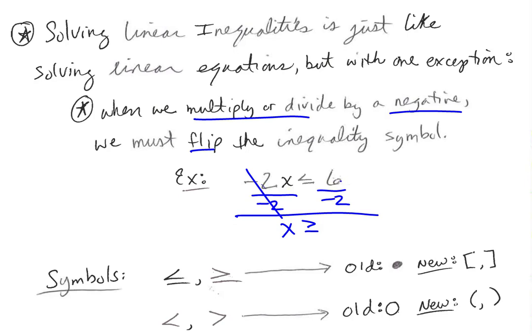And then on the right side, we have now 6 over negative 2, which is negative 3. So altogether, we could say that x is greater than or equal to negative 3, which would be the solution to that inequality. So that's just a simple example of flipping the symbol. Whenever we multiply or divide by a negative, that's what we have to do.